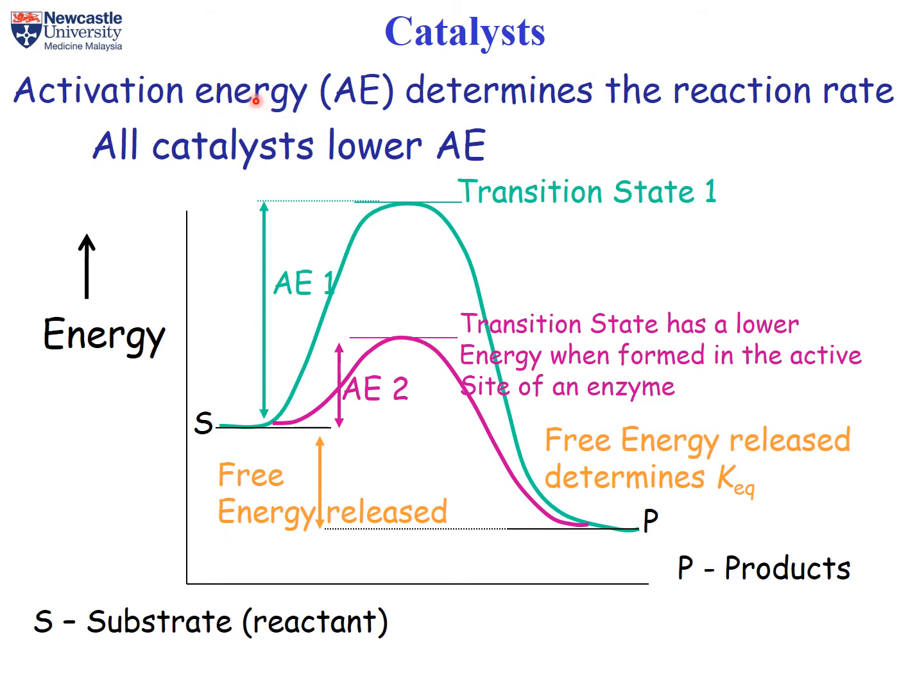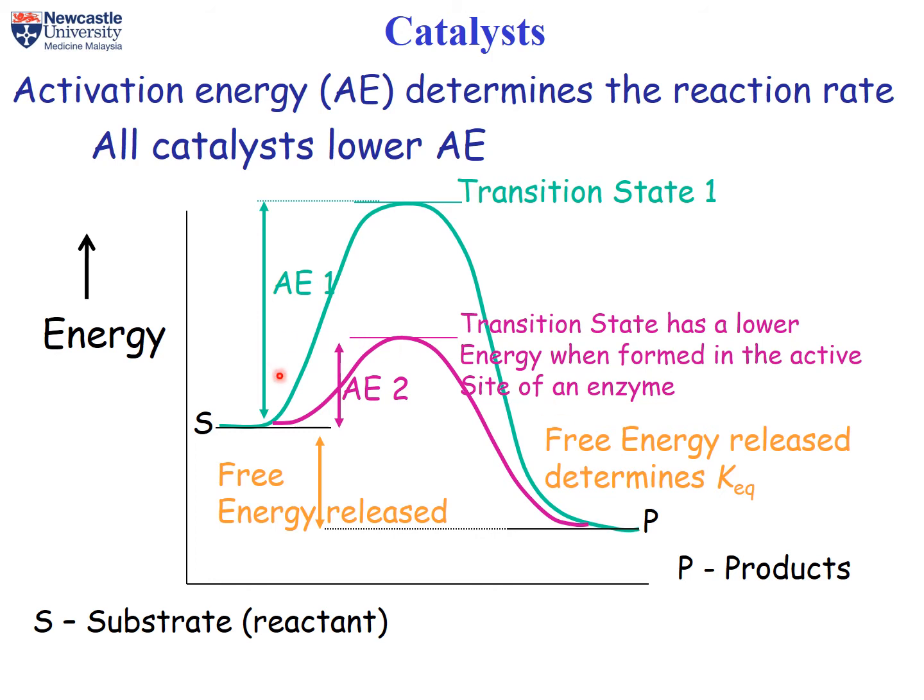It is the energy supplied to the substrates in order to reach the transition state, and activation energy will determine the reaction rate. When the substrates are converted into products, the free energy released is called delta G, which will determine the equilibrium constant, or the KEQ.